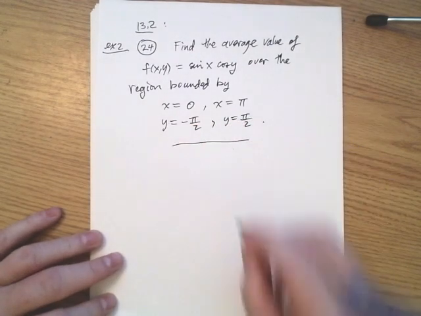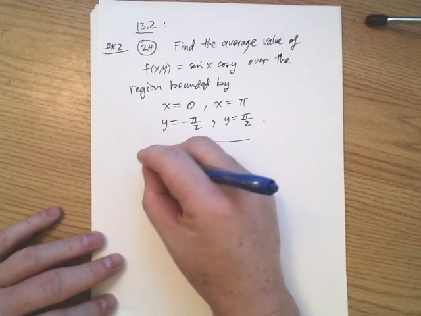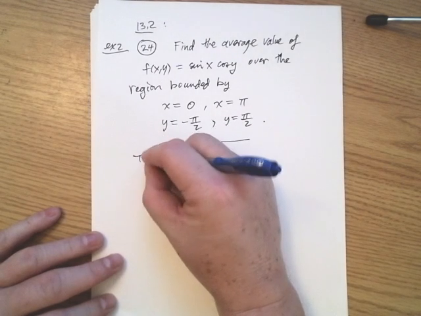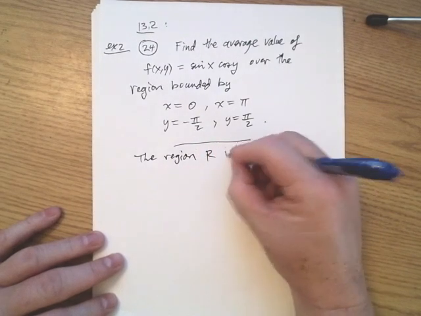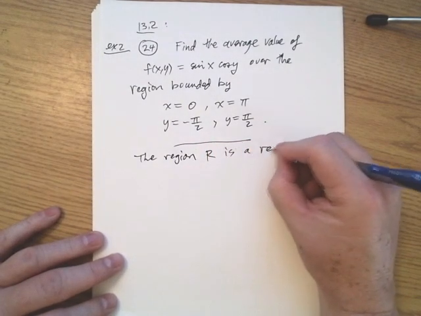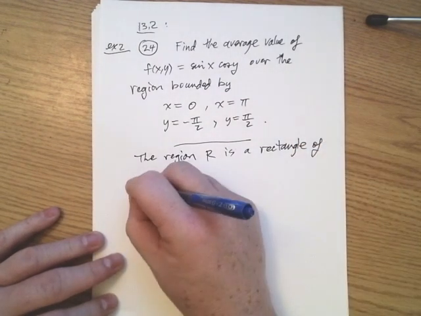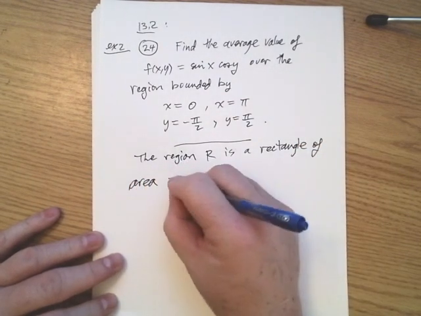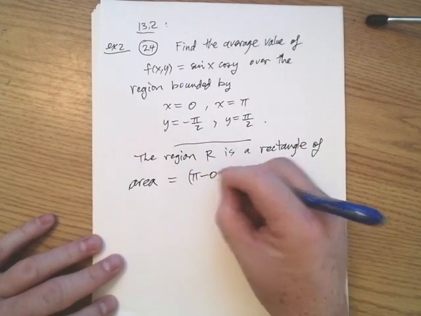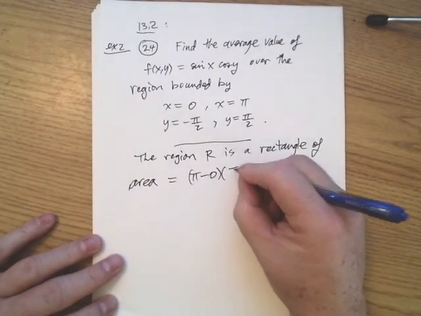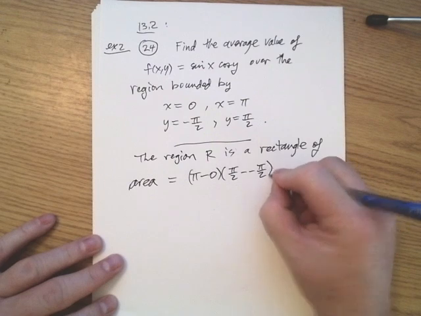Okay, so when I start a problem like this, I think I will take advantage of this rectangular situation. I'll write the following here. The region, which I'll call R, like usual, is a rectangle. Make a statement here of area equal to, let's see, the larger x value minus the smaller x value, the larger y value minus the smaller y value.